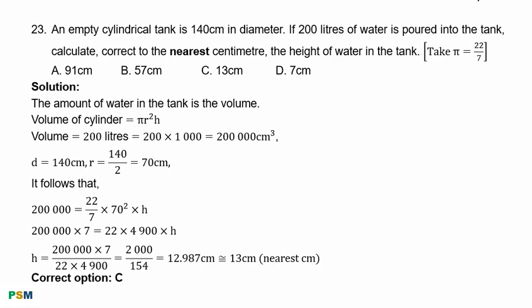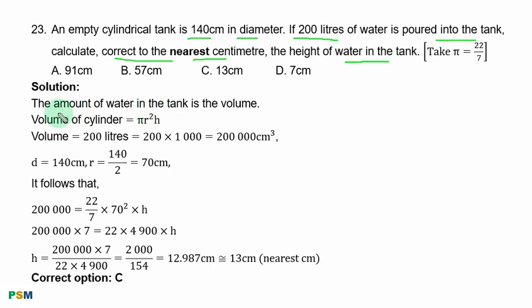Question 23. An empty tank in form of cylinder is 140 centimeters in diameter. If 200 liters of water is poured into the tank, calculate, correct to the nearest centimeter, the height of water in the tank.